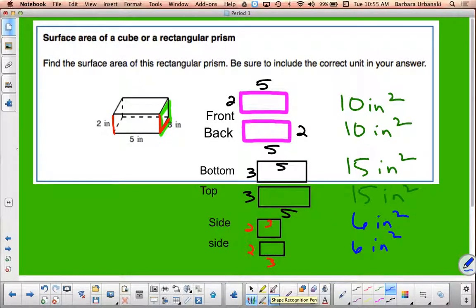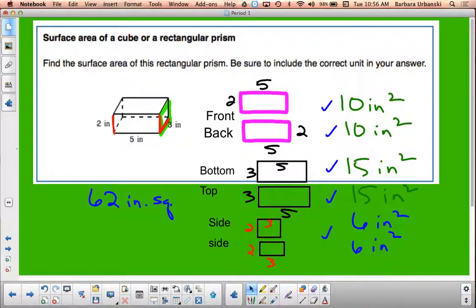To find the total surface area, we are looking at the area of all the surfaces. So we have 10 and 10 is 20, plus 30 is 50, plus 12 is 62. So the total surface area would be 62 inches squared. And that would be your answer on this particular problem.